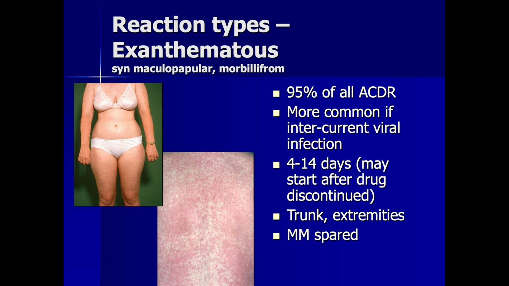The rash affects the trunk and extremities. The mucous membranes are usually spared. So you can see in the first photograph a lady who's got this exanthematous drug eruption over a trunk, chest, thighs, and you can see it there in close-up, macular, impalpable actually in this case.